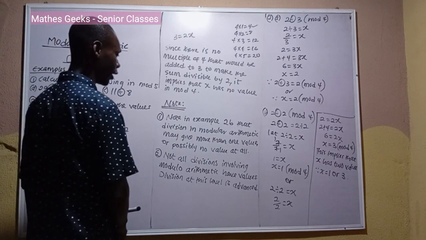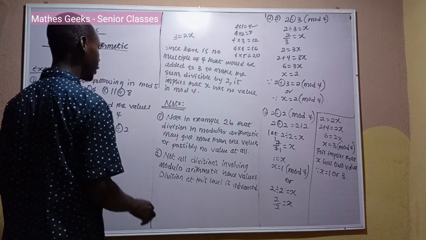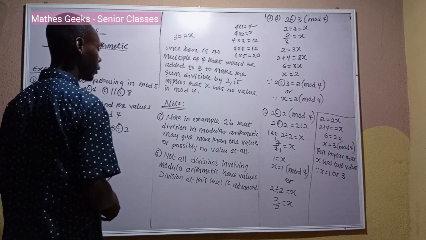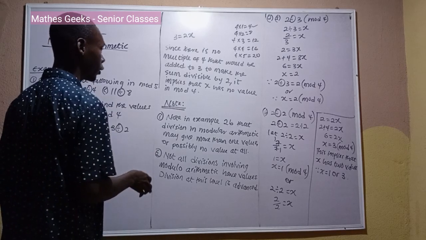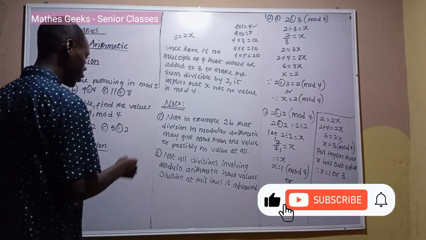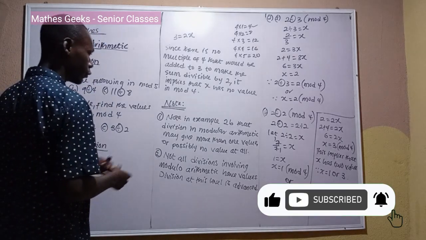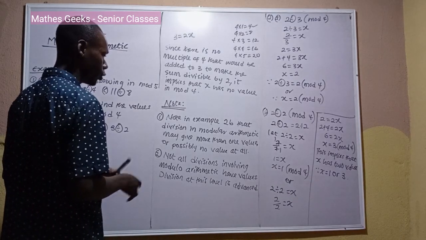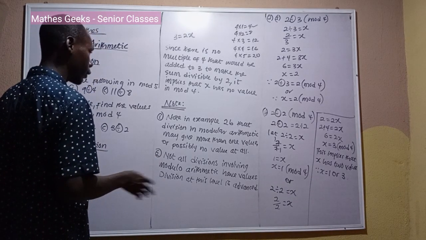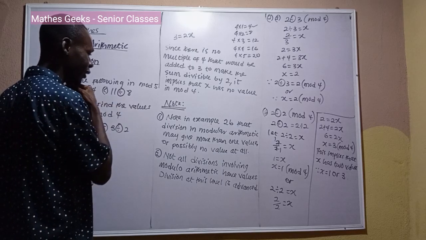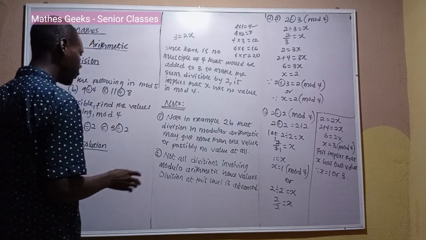Division at this level is advanced. It means that at this level, division is beyond the scope of division in modular arithmetic covered here. So once you come to divisions that do not have a value, you just have to stop there and indicate that it doesn't have a value, because the process is still higher than this level.